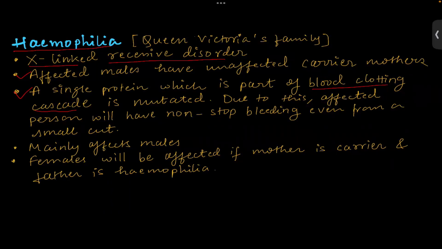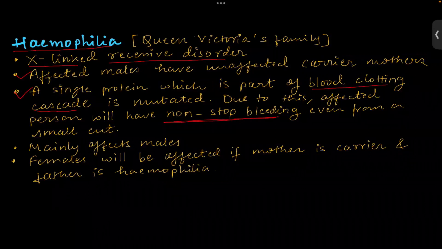So the blood clotting cascade cannot function properly, because of which the person will show non-stop bleeding, even if that person gets a very small cut, because the person does not have the clotting ability in his blood to heal that small cut. So these people with hemophilia have to be really protective. They protect themselves from sharp things so that they don't get cut easily.